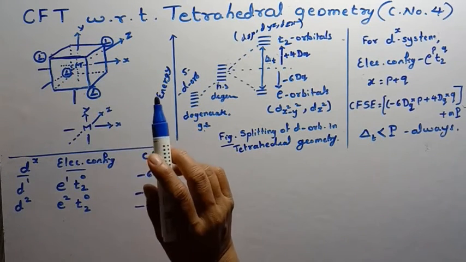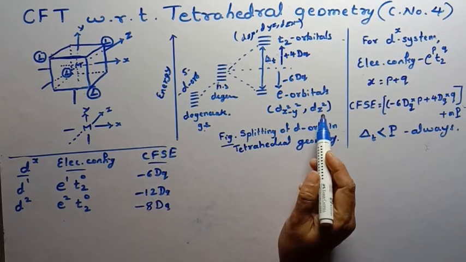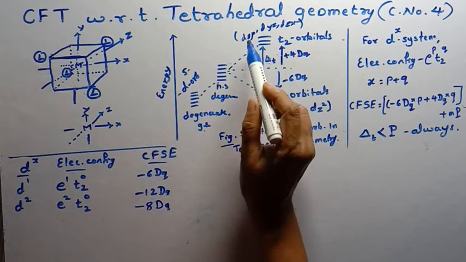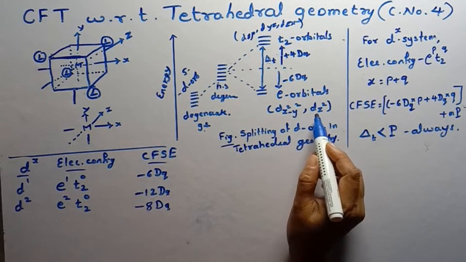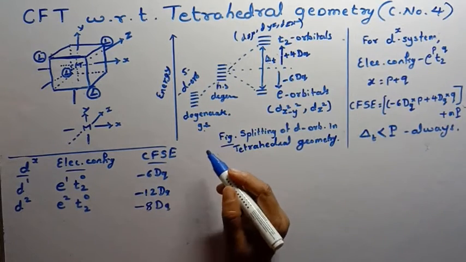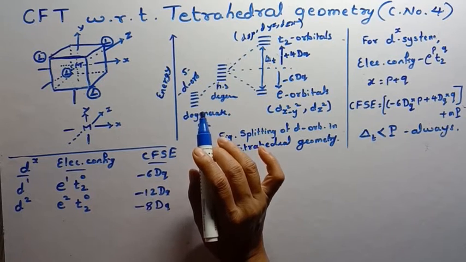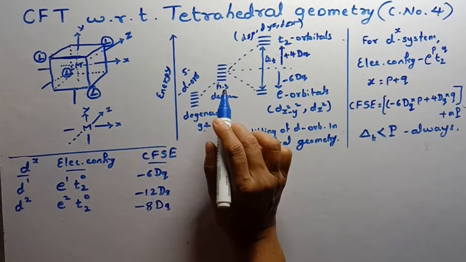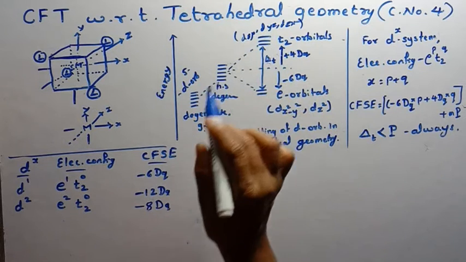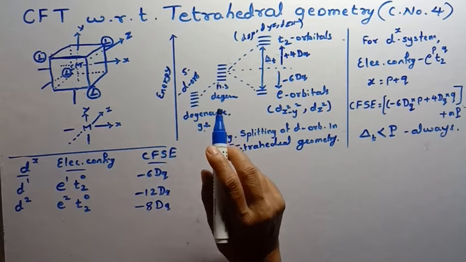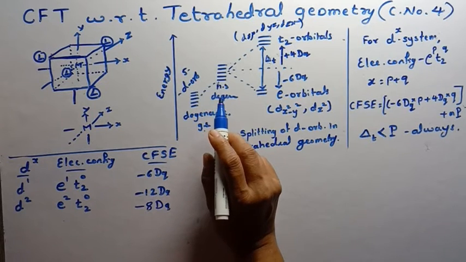And you are well familiar with the orientation of the 5 d orbitals. These 2 are lying along the axes, and these 3 are lying in between the axes. Now in case of tetrahedral geometry, none of the d orbitals are lying exactly on the path of approach of the ligand, and thereby there is no head-on interaction.